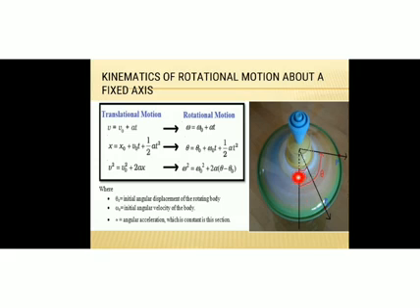So this is the initial displacement, and as time goes on the point P reaches here. So this will be the angular displacement for this position. Theta0 is the initial angular displacement, and theta is the angular displacement after a time t.